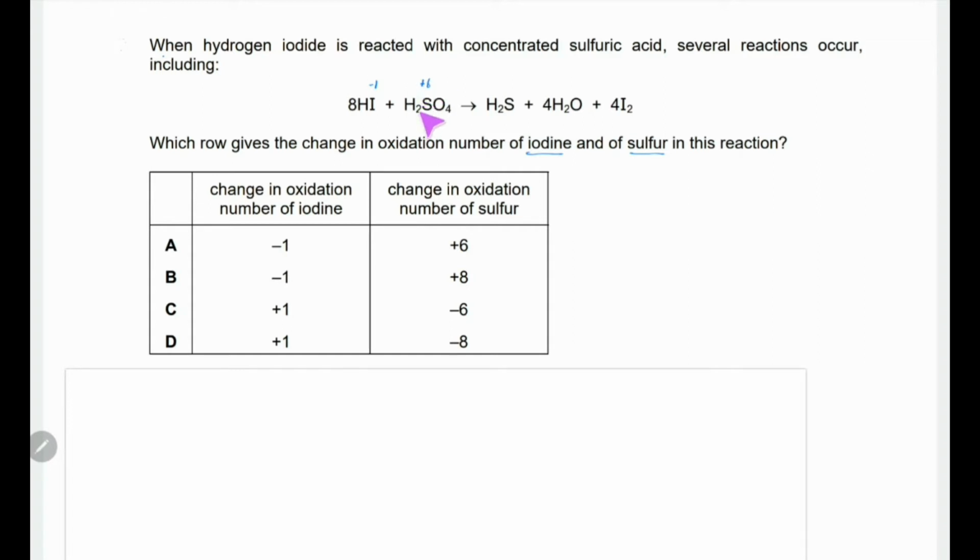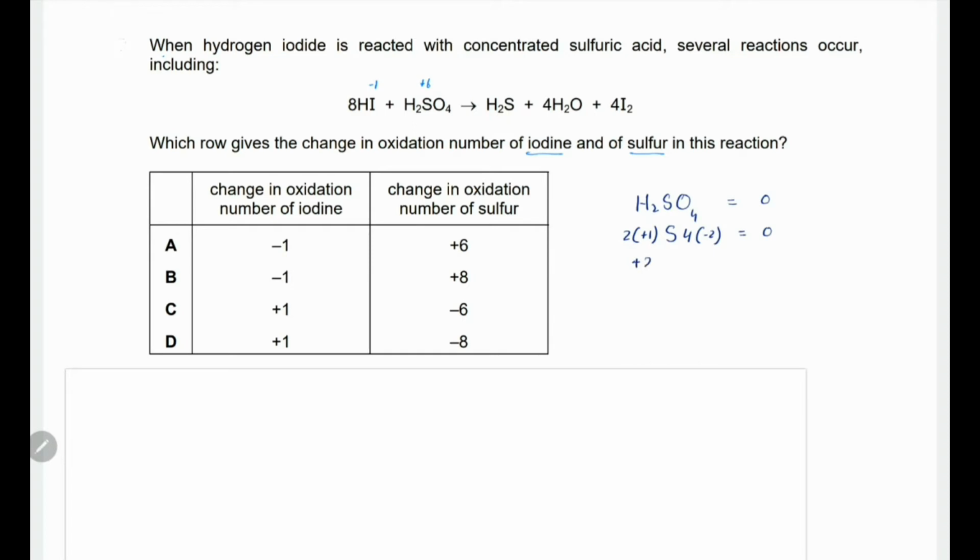How to calculate that +6 for sulfur? Let me solve it for you. Look at this, H2SO4. There is no charge on it, so it equals 0. Now, hydrogen has an oxidation state of +1 and there are 2 hydrogens, so +1 multiplied by 2. We have to find the sulfur. Oxygen are 4 and 1 oxygen has -2 oxidation state, equal to 0.